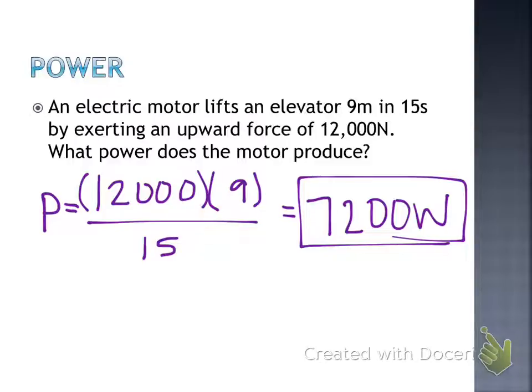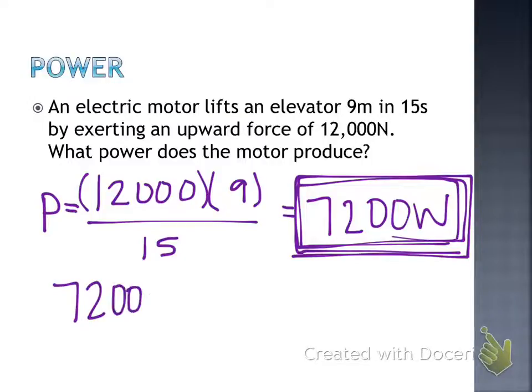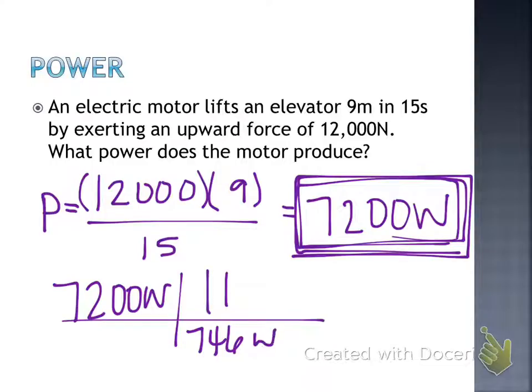Let's go ahead and see how many horsepower this motor is putting out. So if I want to go from watts to horsepower, what should I do? Good, divide by 746. If I put it in a T-chart, it would look like this: 746 watts is 1 horsepower. Horsepower you can abbreviate as HP.